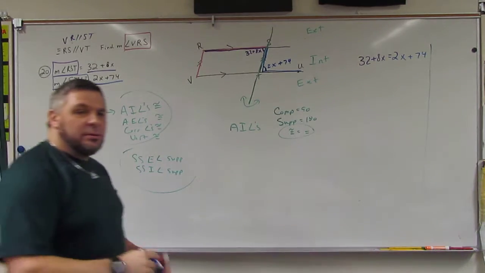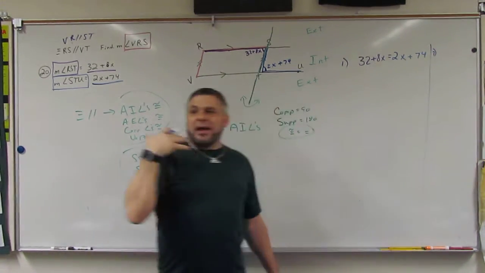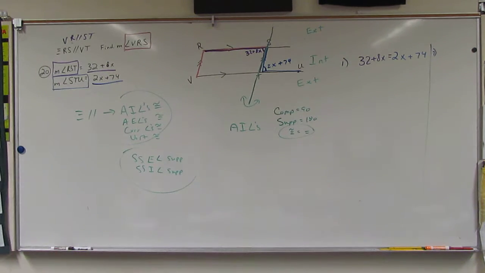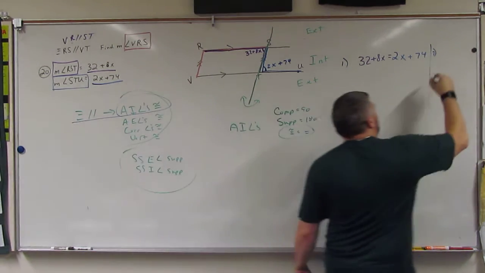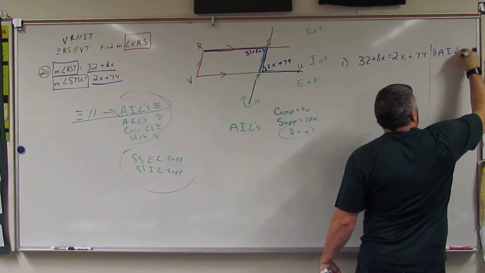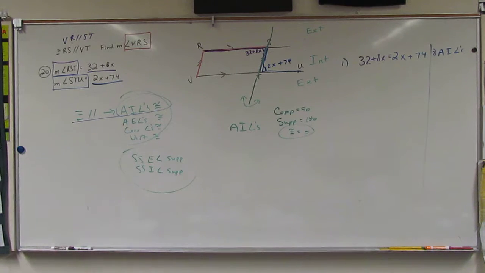Why are they equal? Come on, why? Why are they congruent? That's right, alternating interior angles. Okay? Because they're alternating interior angles.